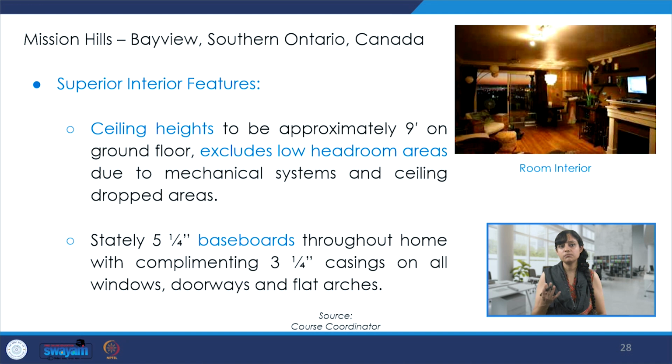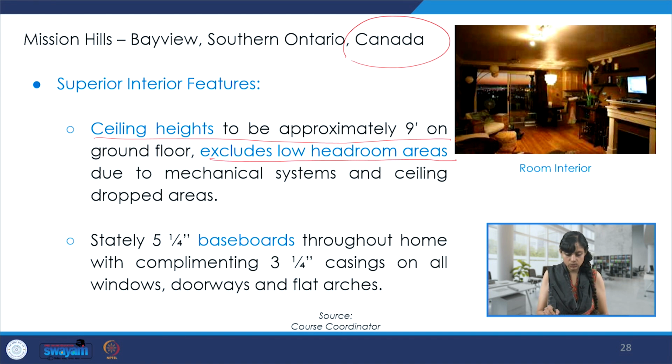This is a project, Mission Hills in Canada, and it has some very interesting features. Now, actually what is happening here is that the ceiling height is approximately 9 feet, and they exclude low headroom areas due to mechanical systems, and therefore the ceiling dropped areas.